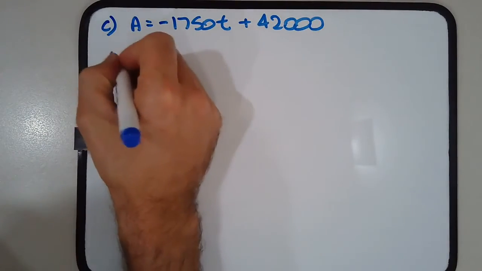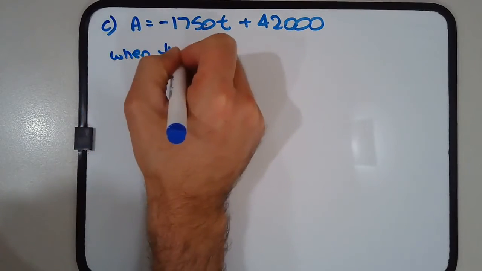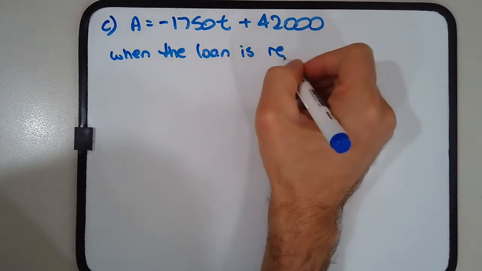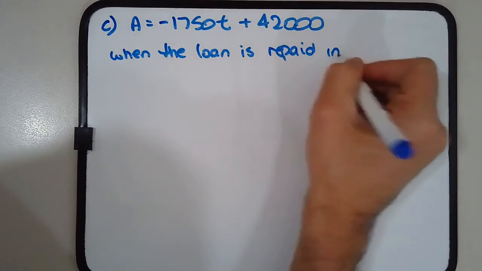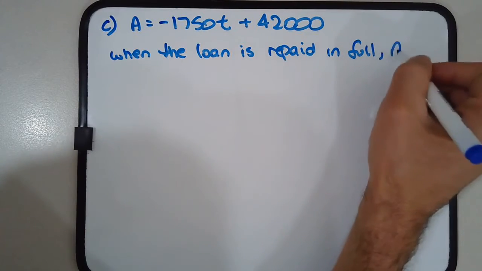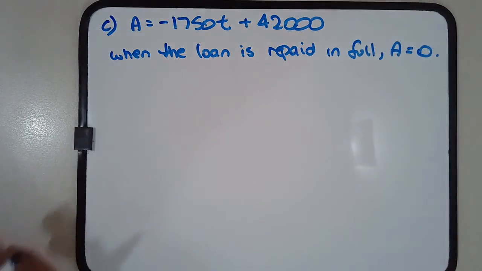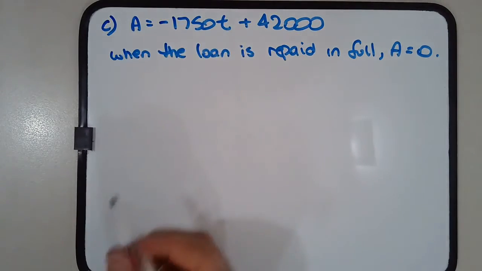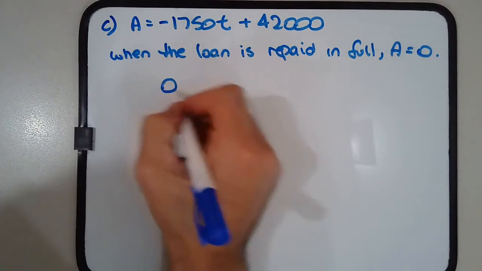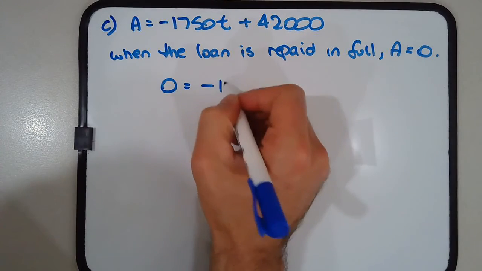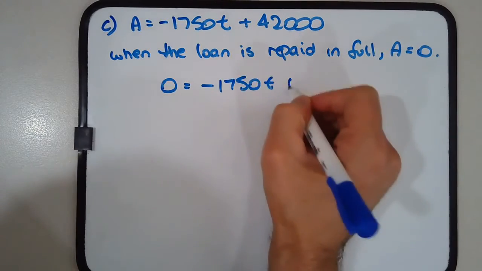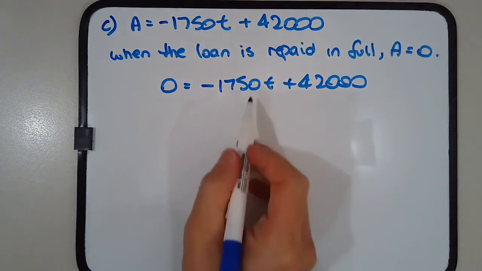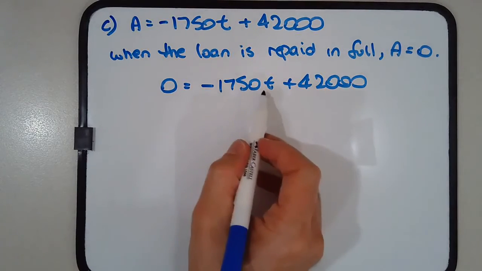So when the loan is repaid in full, A is equal to 0. And we're going to find the value of t when A equals 0. So 0 is equal to negative 1750t plus 42,000. We're going to move the negative 1750t over the other side.